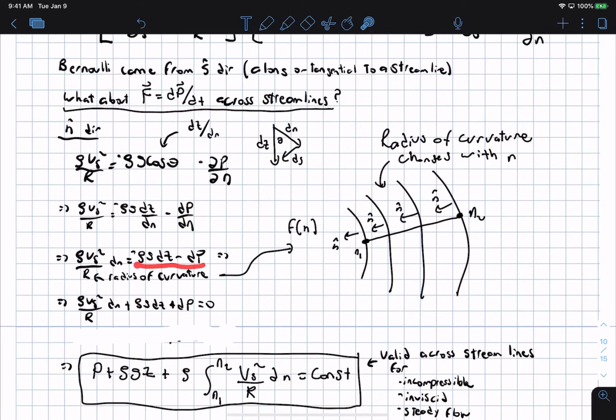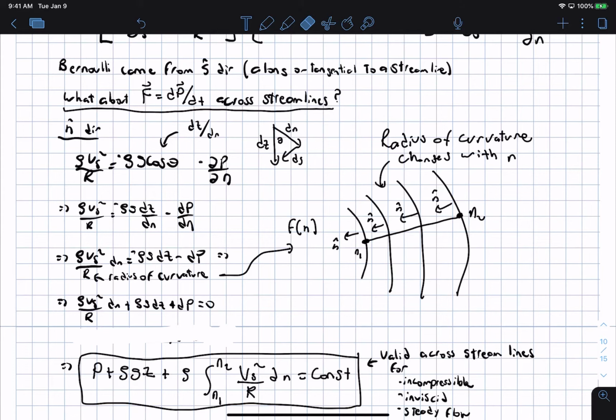So here I just took these terms and moved them to the left-hand side to get an expression equal to 0. Unfortunately, with the Bernoulli equation it worked out very nicely because we could get everything into a perfect derivative. Here we cannot, mainly because this r is a function of n, and we don't know what that function is.